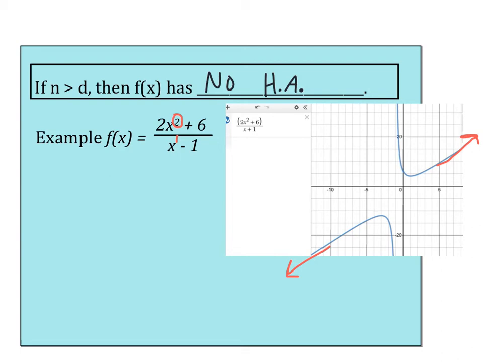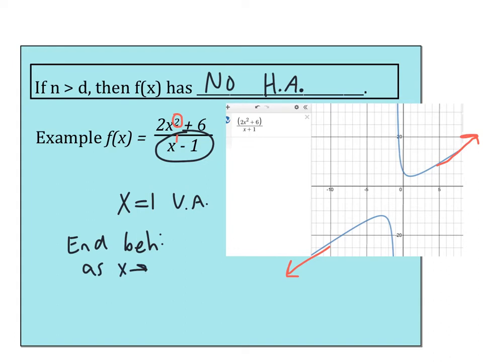Quick review though, it does have a vertical asymptote, because again, the denominator, if x were 1, that would cause our fraction to be undefined. So that's why we have a vertical asymptote there. Okay, end behavior on these, since it has no horizontal asymptote, just look at the graph.